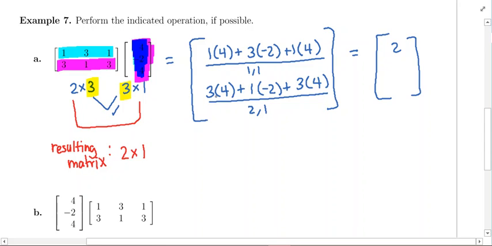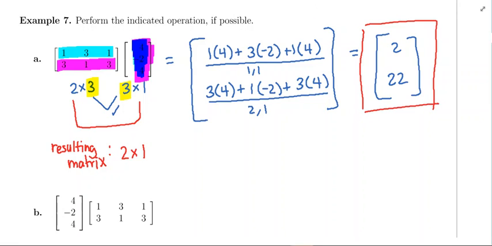This is going to be 12 plus -2, that's 10, plus 12 is 22. Here is the final answer. When you multiply these two matrices together, this is the matrix that is produced.